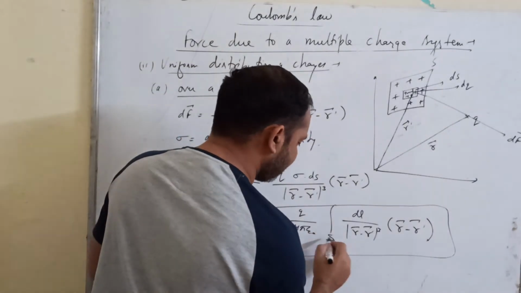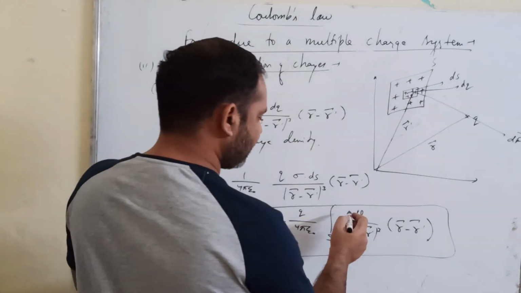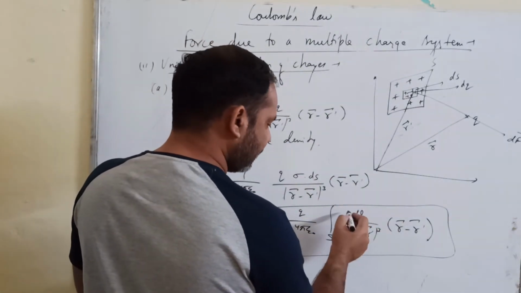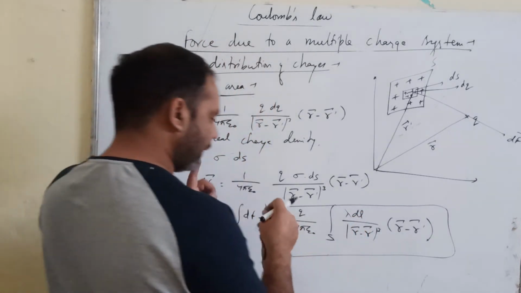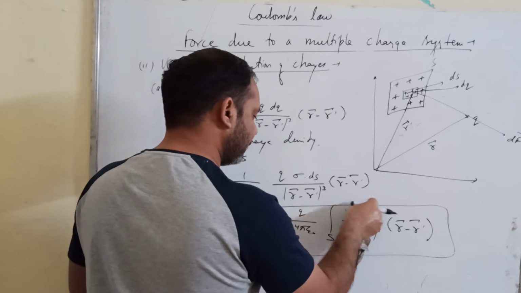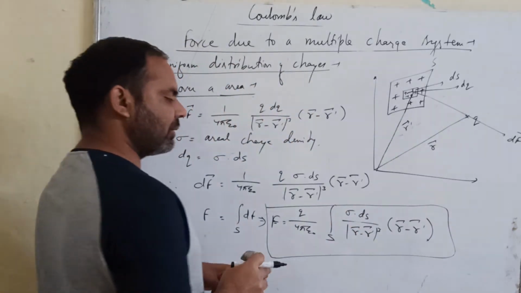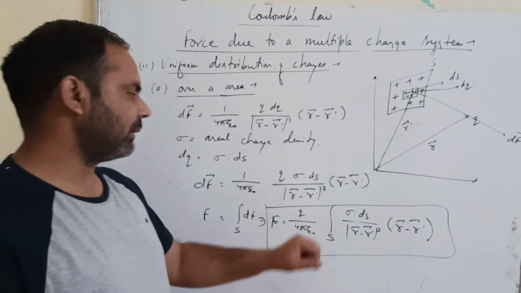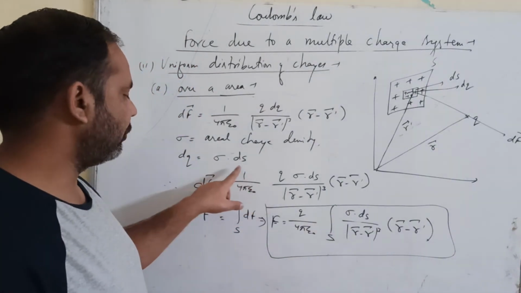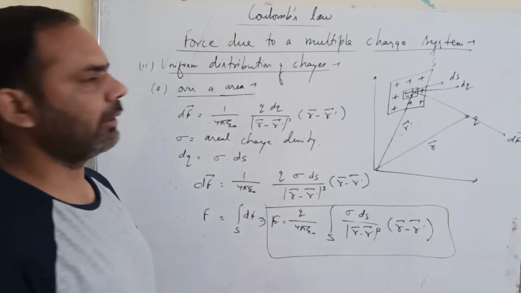Okay, in the previous derivation we missed lambda here. So in this particular derivation, it will be sigma ds upon |r vector minus r dash vector| whole cube into (r vector minus r dash vector). This q upon 4 pi epsilon naught, being constant, can be taken outside the integral.